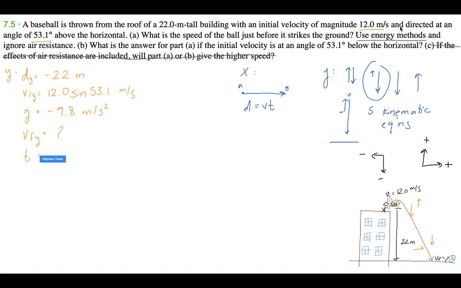And remember how time is actually how we're going to relate this in X. What do I mean by that? So in X, we don't know this range, Dx, no idea. VIX, we know, is going to be this component, 12 cos 53.1 meters per second.